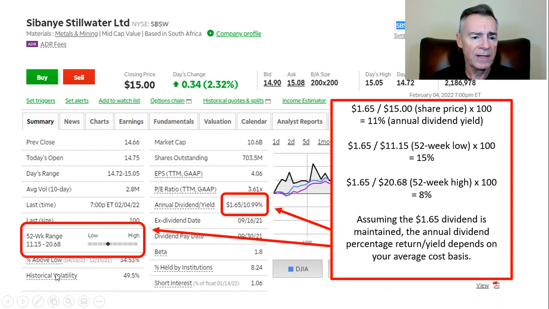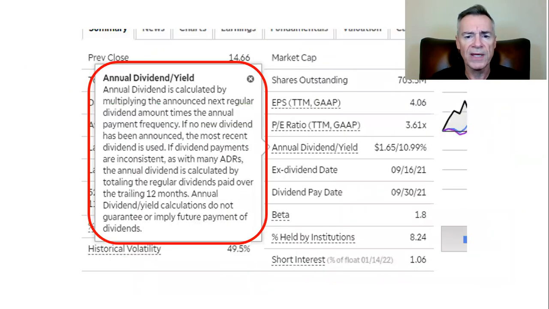Or comparatively, if you purchased Sibanye at the 52-week high price of $20.68, then the dividend yield is only 8%, right? So the dividend is actually $1.65, and the percentage is simply based on the closing price of the stock at any particular point in time. Assuming the $1.65 dividend is maintained, the annual dividend percentage yield, therefore, is based on your average cost basis. This is important for you to keep in mind.